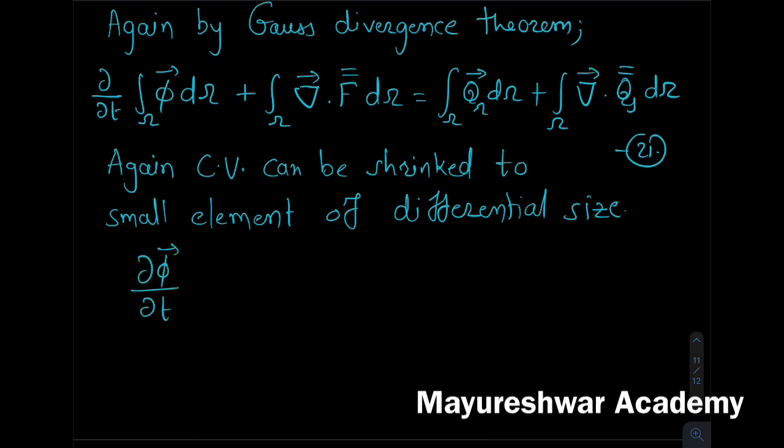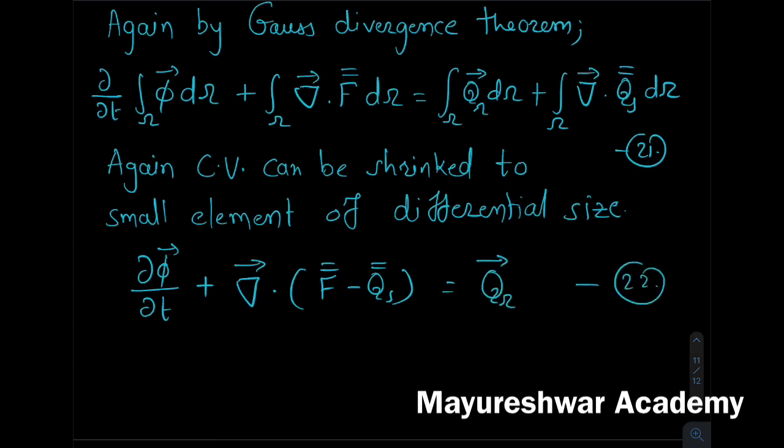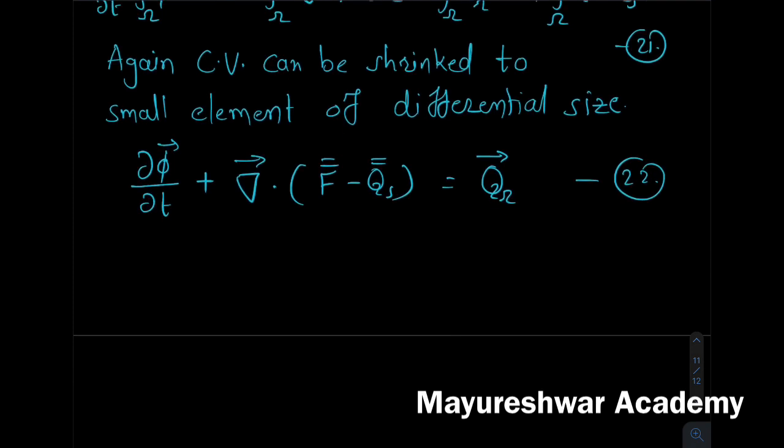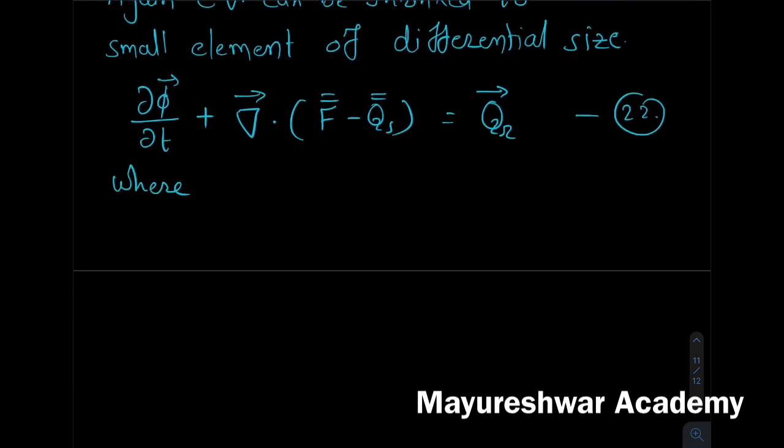So we can write partial phi bar over partial t plus del bar dot F double bar, which is a tensorial quantity, is equal to q omega, which is 22, where this flux component will again have two contributions, convective and diffusive flux.